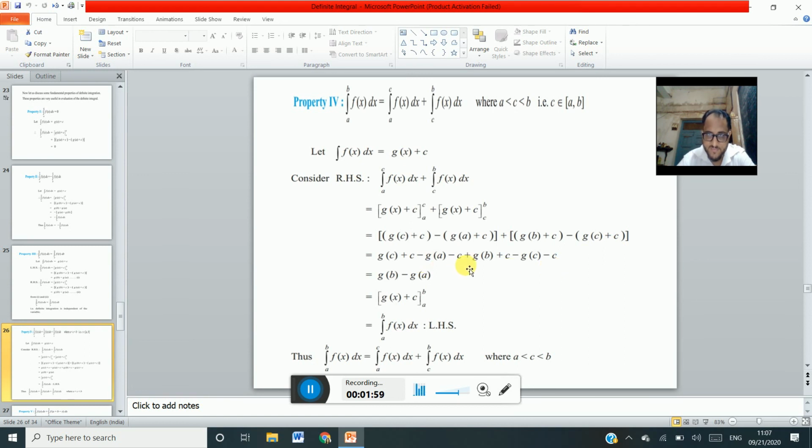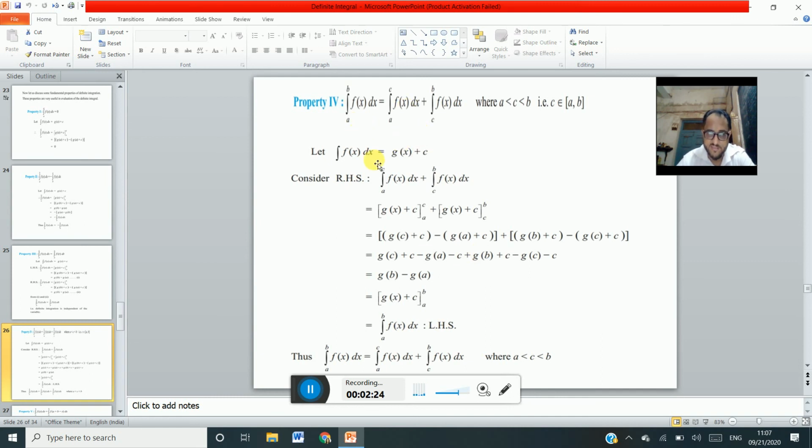The plus c and minus c cancel, and g(c) minus g(c) cancel, the remaining is g(b) minus g(a), that is nothing but [g(x) plus c] from a to b, right? That is nothing but the left side of the proof. So we consider the right side and prove the left side, that means the proof is completed, right?